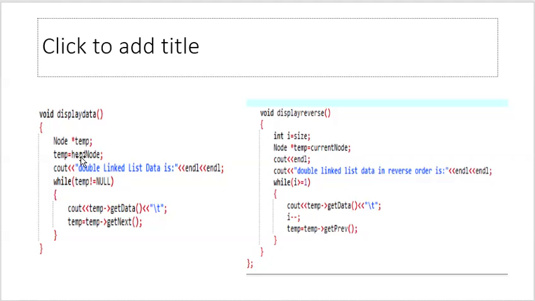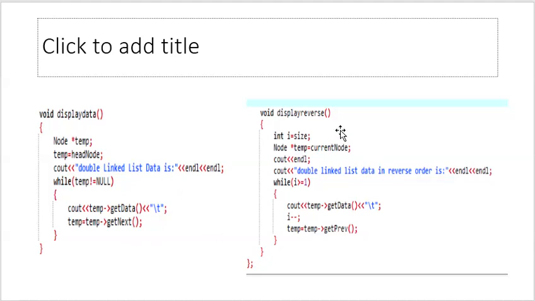First it is assigned to the head, and it goes until temp is equal to null, meaning it goes until the end node. So it will display all the nodes which we have inserted. It is just like this.